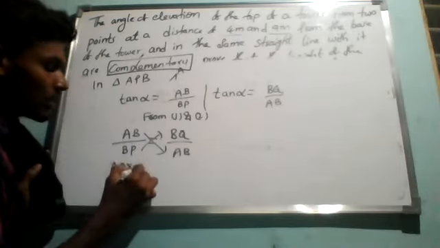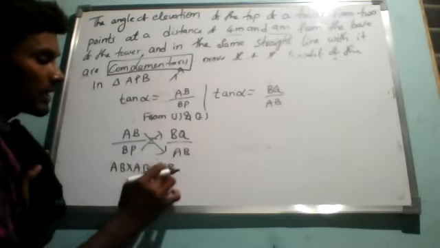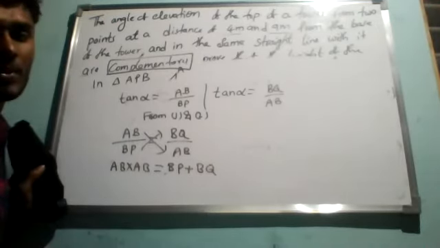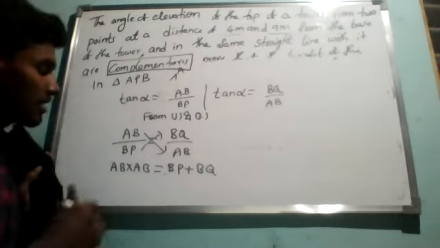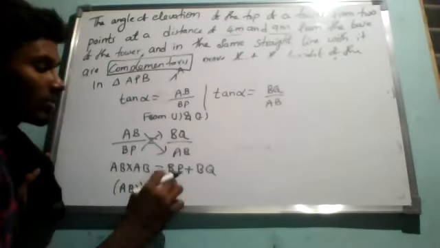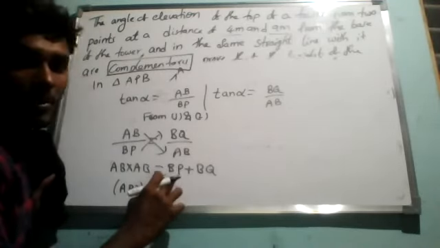AB into AB is equal to BP times BQ. Now AB into AB is AB whole square, which is equal to BP times BQ. From the given data, what is the value of BP?